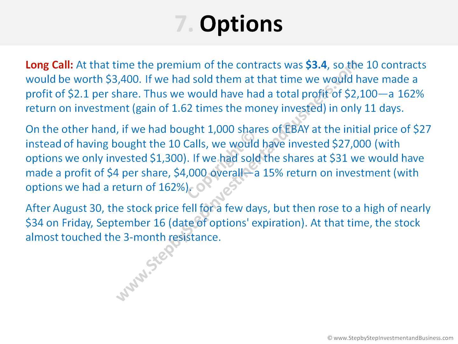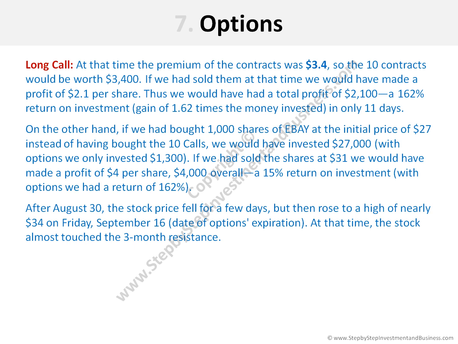That is, we would have made a total profit of $4,000, making a 15% return on investment. With options, in contrast, we had a return of 162%. That's why options, here we can see by comparison, allow us to leverage positions, that is, to make higher returns than those produced from investing in stocks.